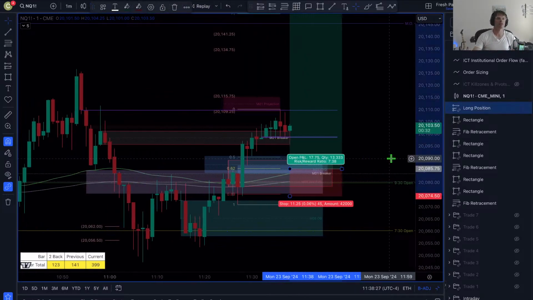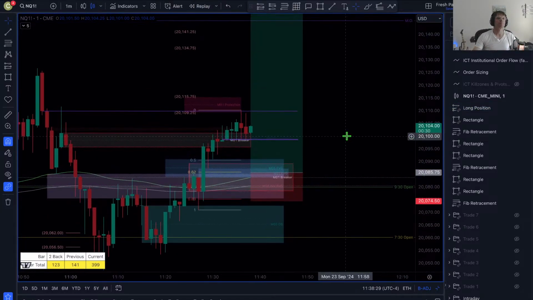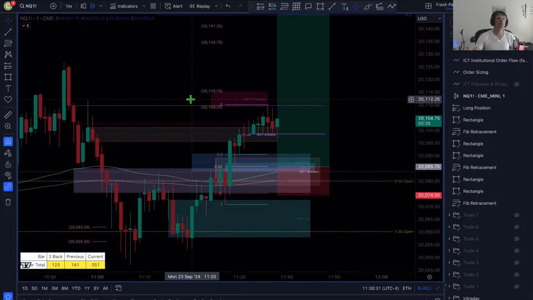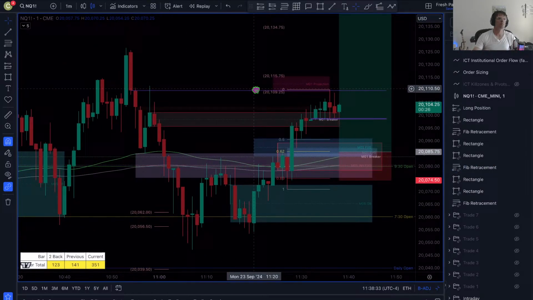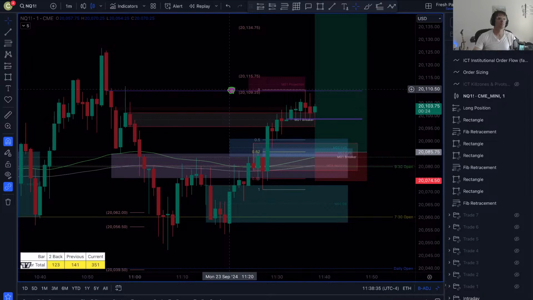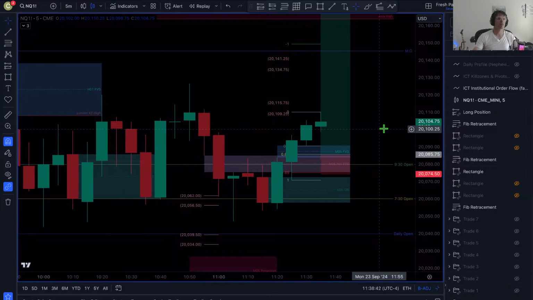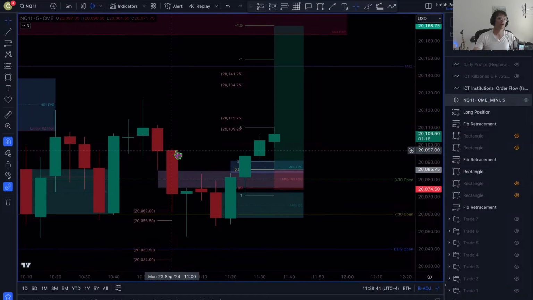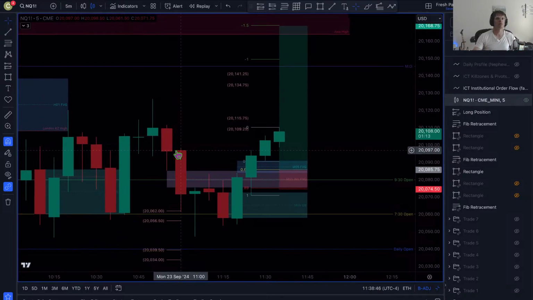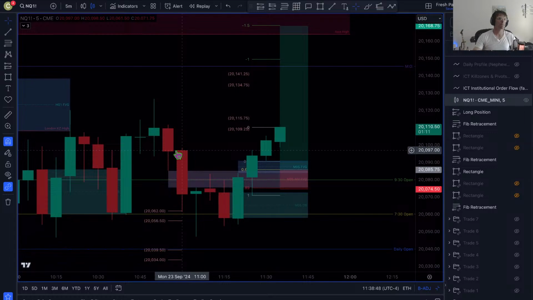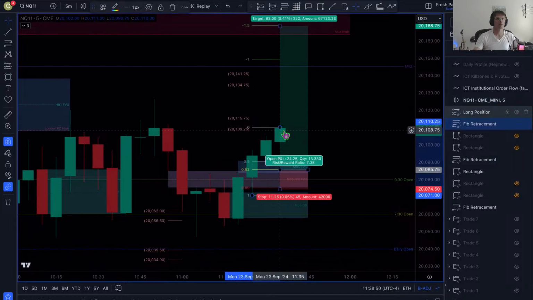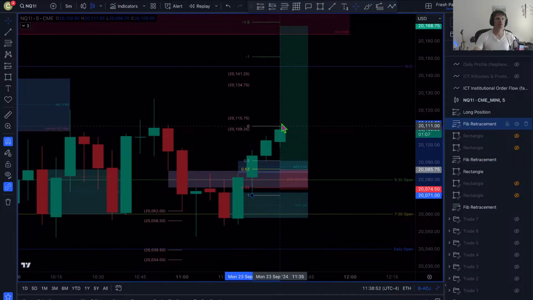JDRS entry here on this H1. If you look at some of this initial manipulation, like if you go look at the M5, what I liked is because you closed above here now. So we're going to have to take this up further. You're also potentially getting a jump start there.